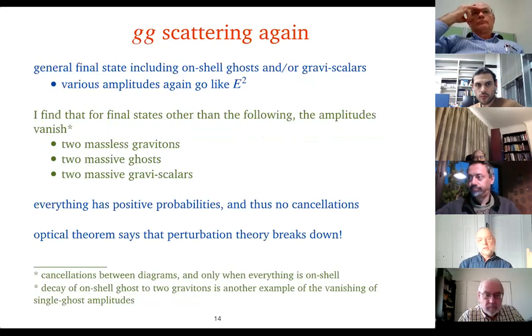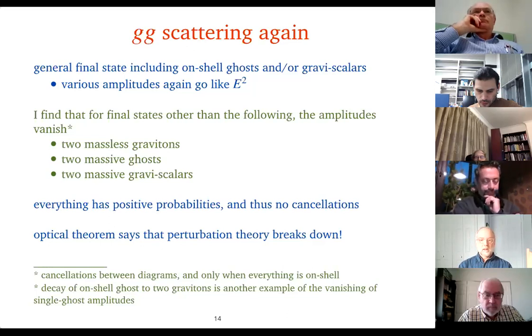So let's get back to graviton scattering again. We want to consider a general final state, including on-shell ghosts and or gravascalars. So this is what I've done, and I've looked at these amplitudes.